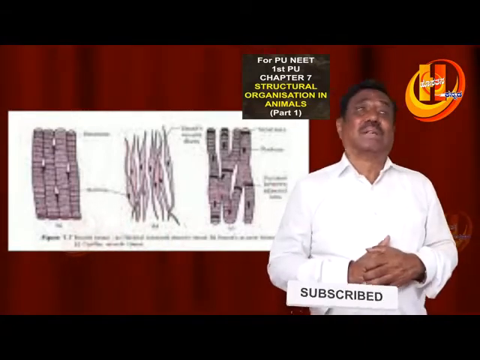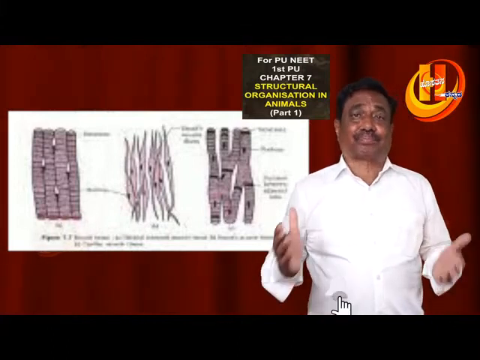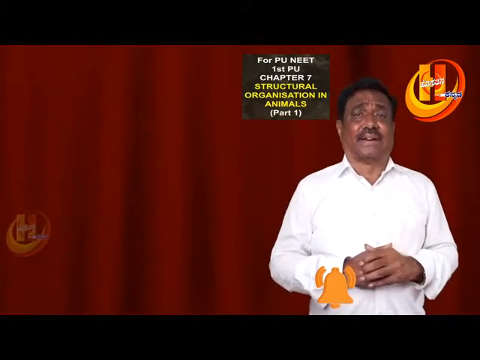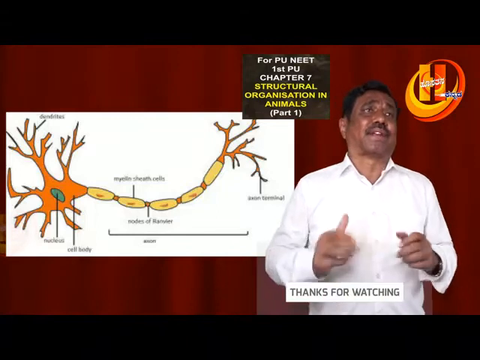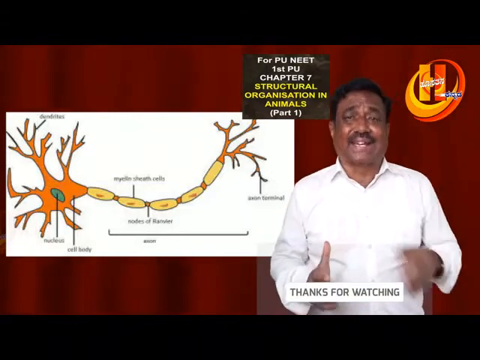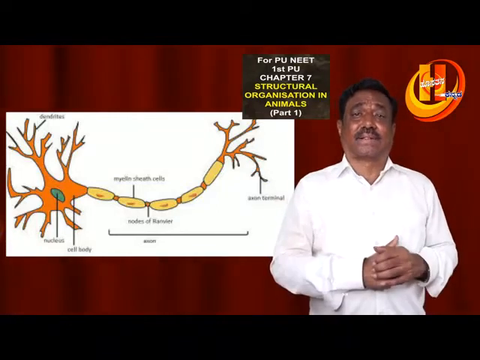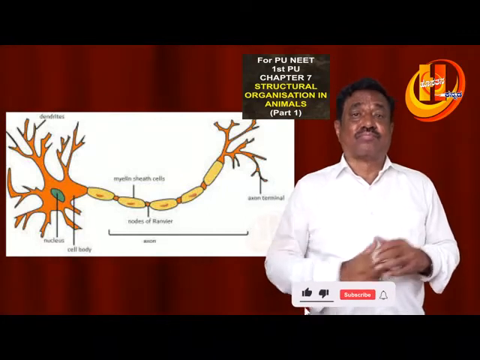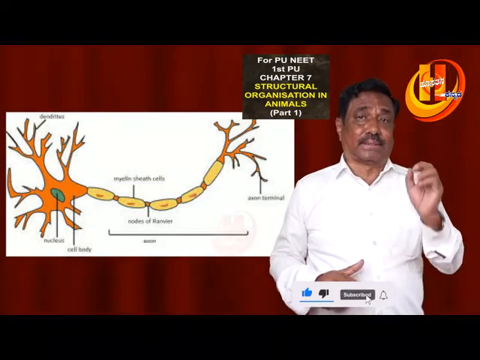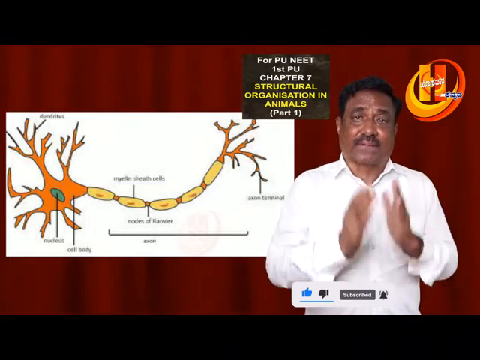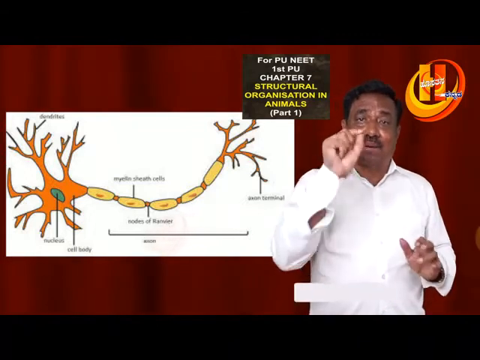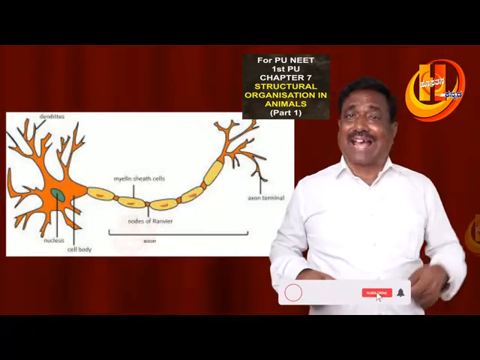After the muscular tissues, next is the nervous tissue that we study in detail in chapter number 21. But anyhow, the neuron is the unit of the nervous system. Neuron consists of a cell body called cyton and a nerve fiber called axon.